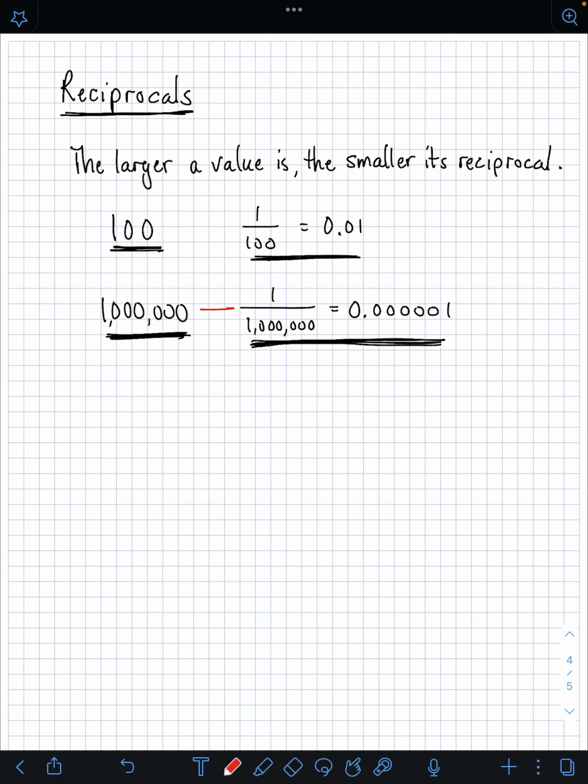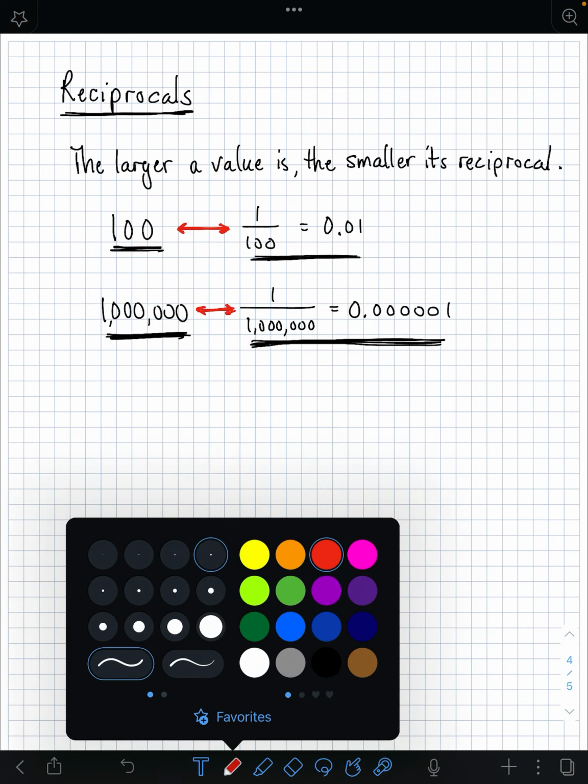It's not just that the bigger the number I start with gets, the smaller its reciprocal. It works the other way too. The smaller the reciprocal gets, the bigger the original value is. So that's something to keep in mind, that the bigger one thing gets, the smaller its reciprocal gets, or the smaller something gets, the bigger its reciprocal gets.